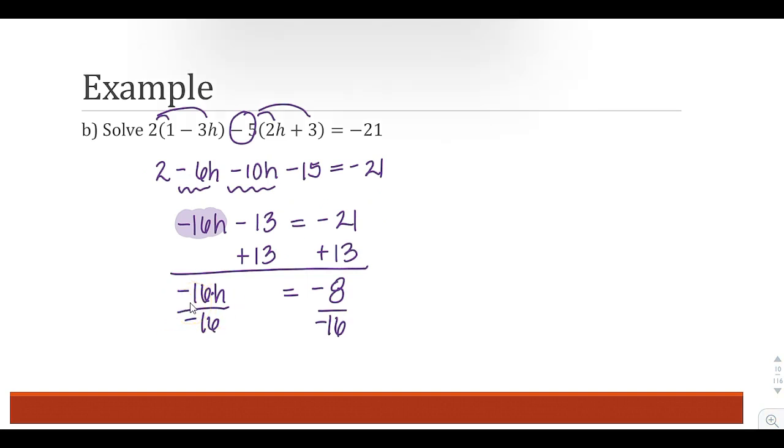Those negative 16s divide and become a 1 and leave us with simply h is equal to, let's reduce this fraction, the two negatives cancel and give us a positive, and 8 over 16 becomes 1/2. 8 goes into 8 once, and 16 is divisible by 8 and goes in 2 times, so I get positive 1/2 as my solution.